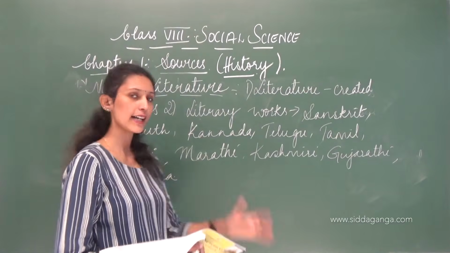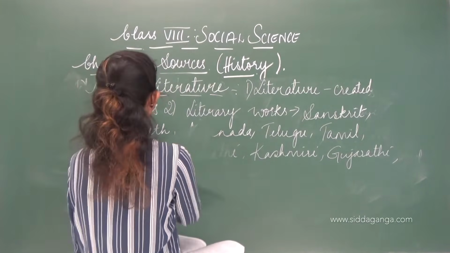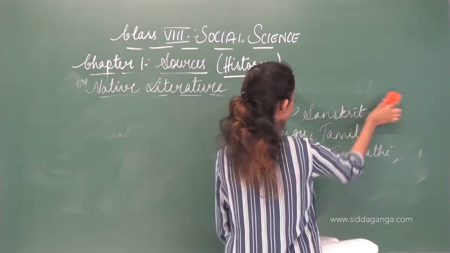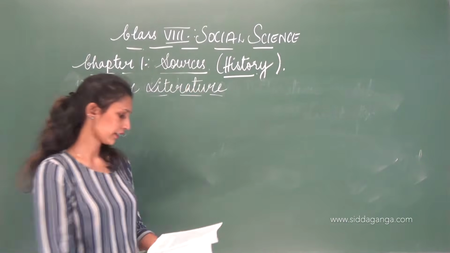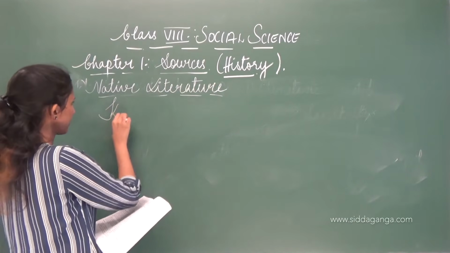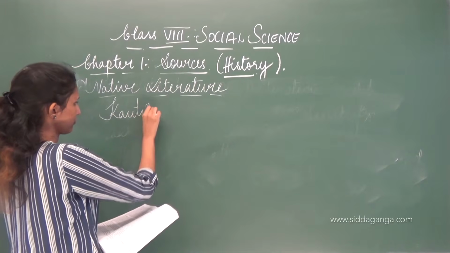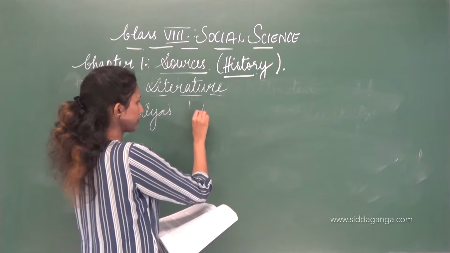Now there are a few examples of the writers who have written in these native languages. Let's see who they are and what they have written. Alright, a few of them are Kautilya's Arthashastra.